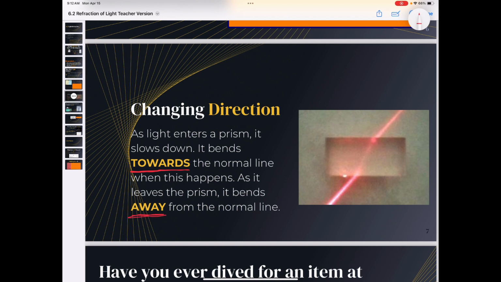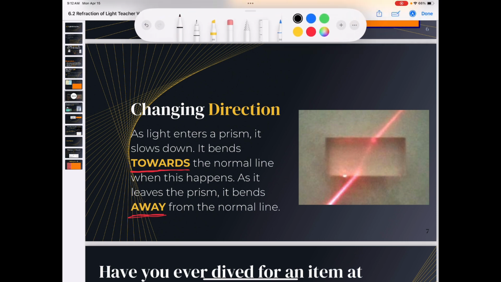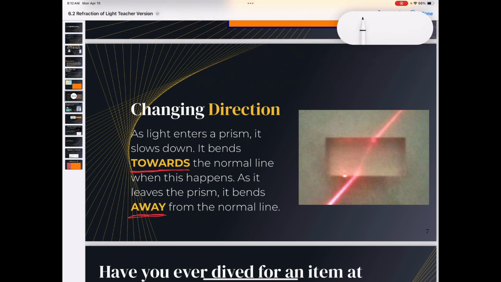And if I wanted to represent this on the image that I've got right here on the slide, let me show you. So let's say this is my incident angle right here, and this is going to be my outgoing angle. Wherever our laser runs into the prism, the first thing I'm going to do is draw in that normal line.